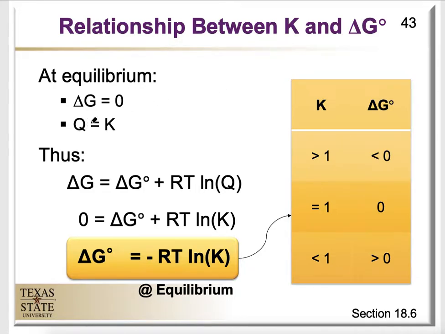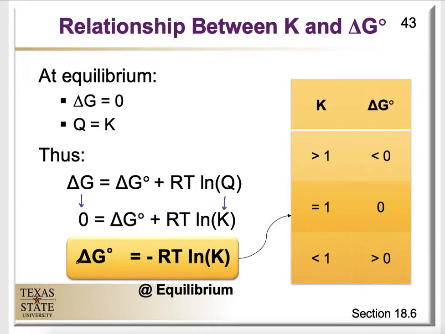We also know that at equilibrium, the value of the equilibrium constant is equal to your reaction quotient. So we can take the equation that we had in the previous slide and say, okay, at equilibrium, my delta G is going to be equal to 0. At equilibrium, my Q is equal to K, the equilibrium constant. And so now that I have this equation, I can actually solve for my delta G0 in terms of the equilibrium constant.